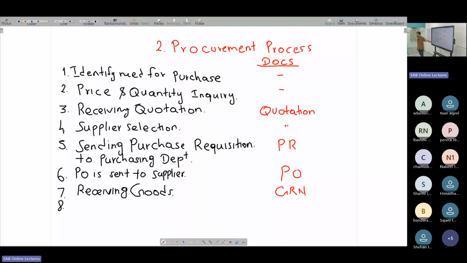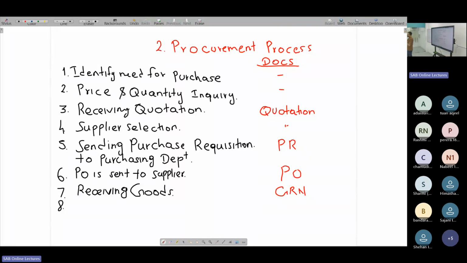So receiving goods, GRN. After receiving goods, this is also the same as the sales process.